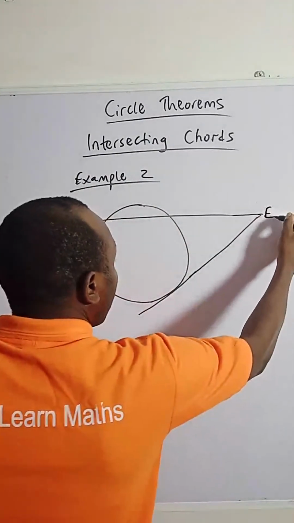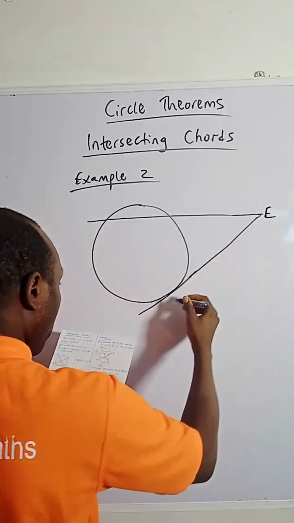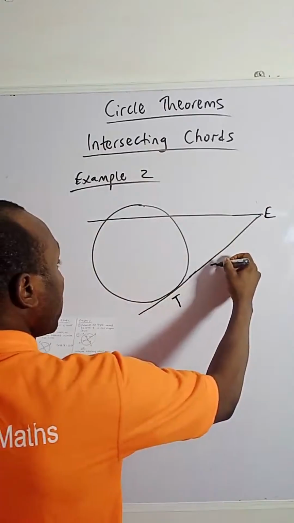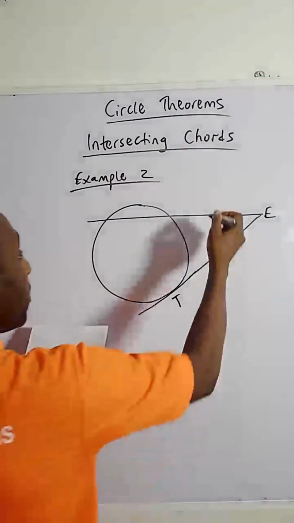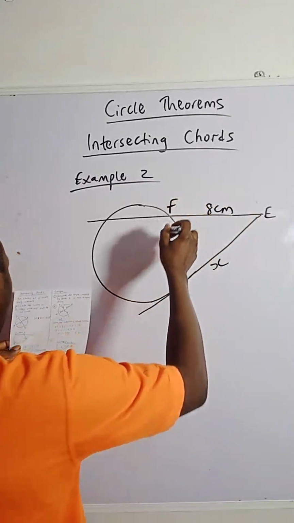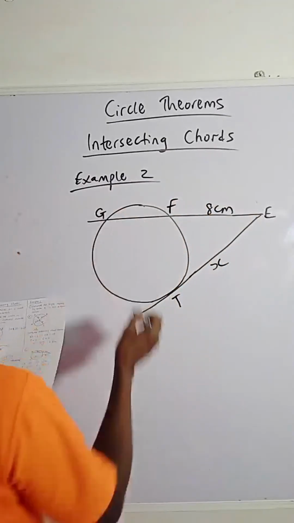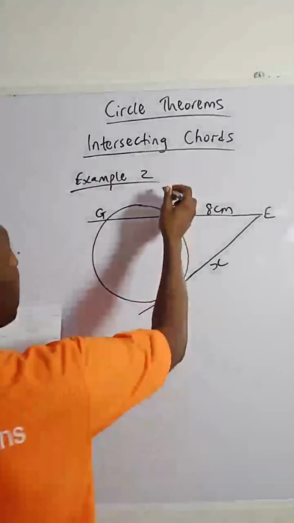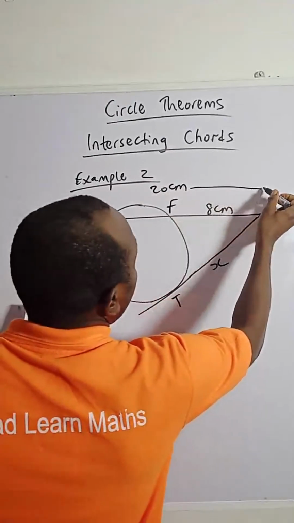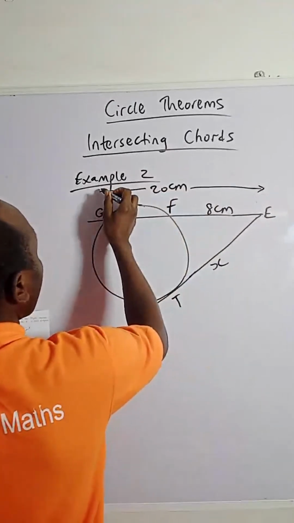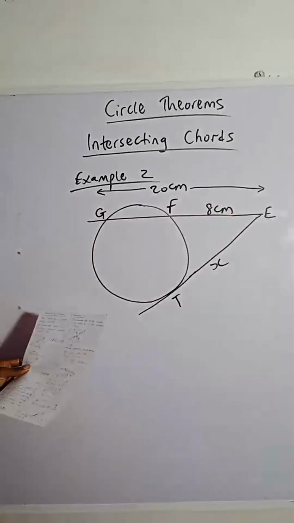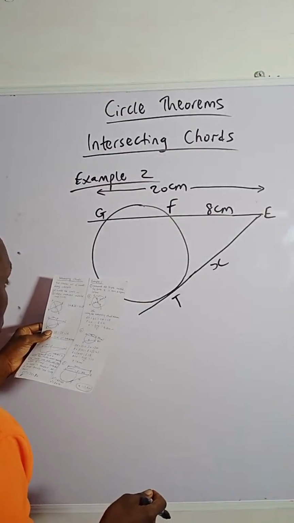This is E. This is T, at the point where it touches the circle. That's X. This is 8 centimeters. This is F. G here. And from here to here is 20 centimeters. So the whole of GE is 20 centimeters. I think we've captured everything now.